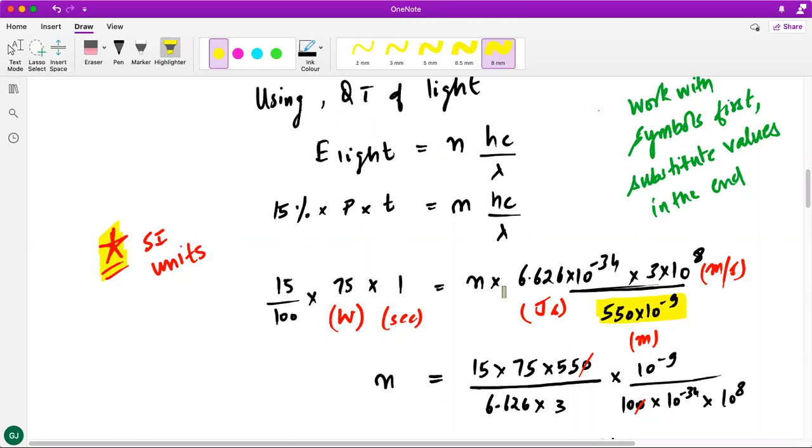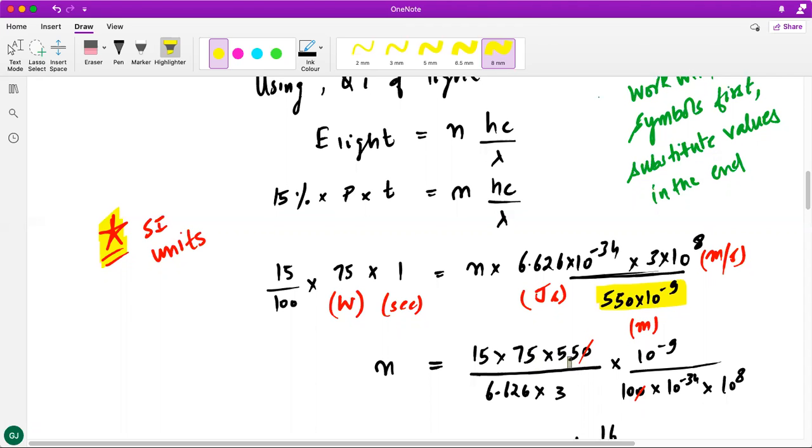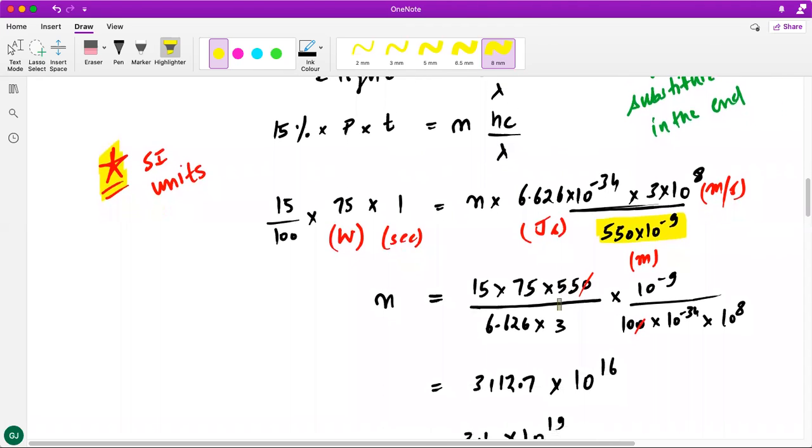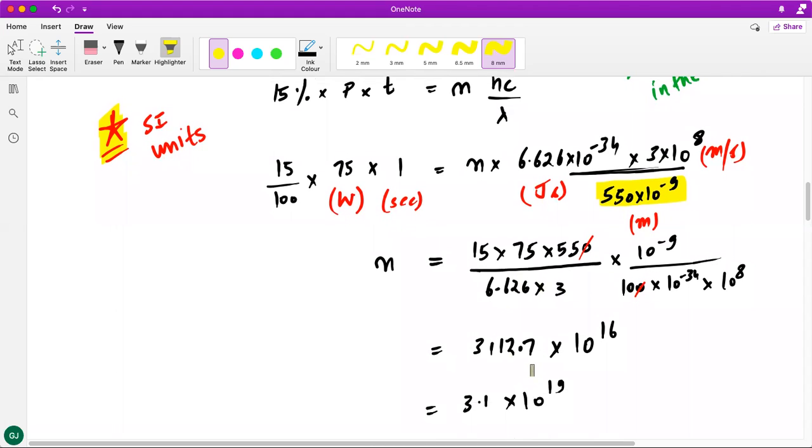So here, this is a mathematical aspect wherein I have the equation in front of me. n is what I have to calculate, so I will be rejigging these terms around n, and I will be segregating these powers of 10 in one cluster and these values in another cluster and solving them independently. This gives me a cleaner and nicer way of solving the mathematical aspect. So once done, your answer should come out something like this.